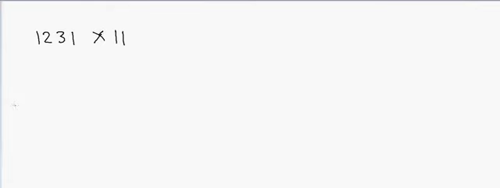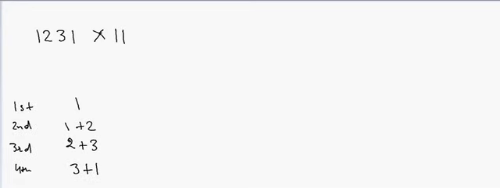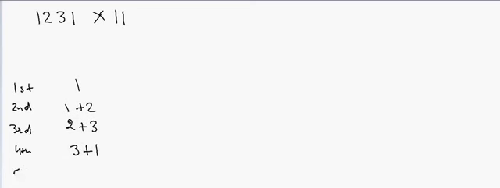So the first digit will be equal to 1, second will be equal to 1 plus 2, third will be equal to 2 plus 3, and fourth will be equal to 3 plus 1, and then we are left with the fifth, which is equal to 1.